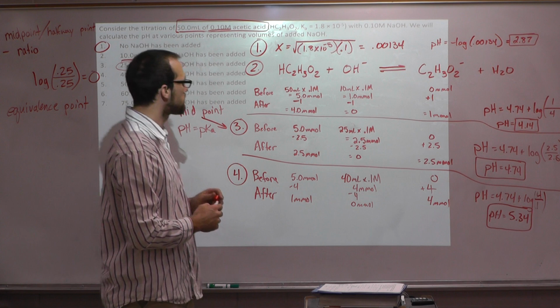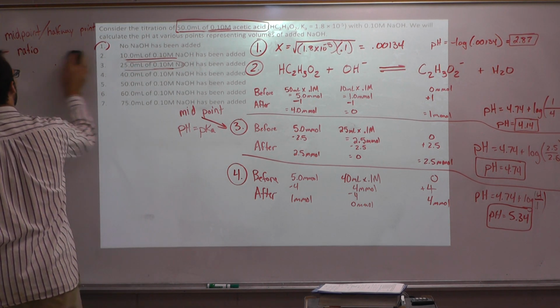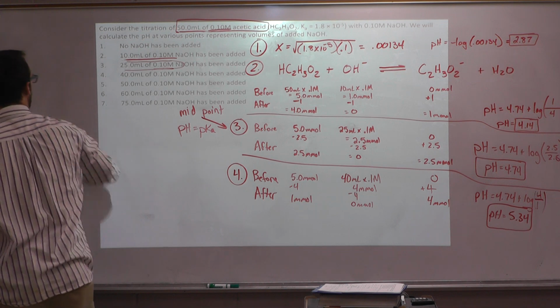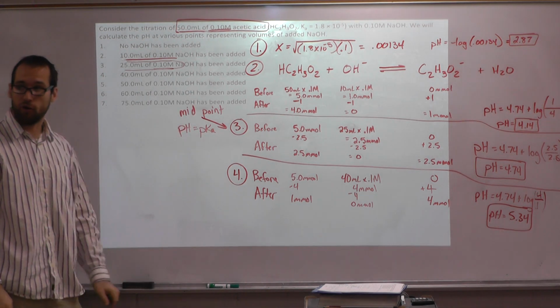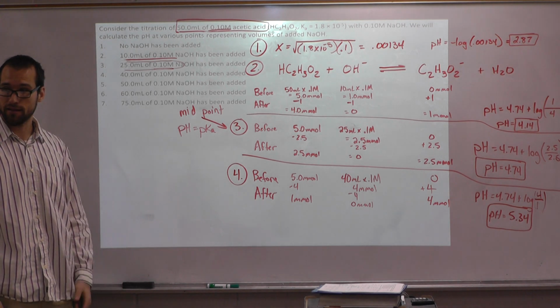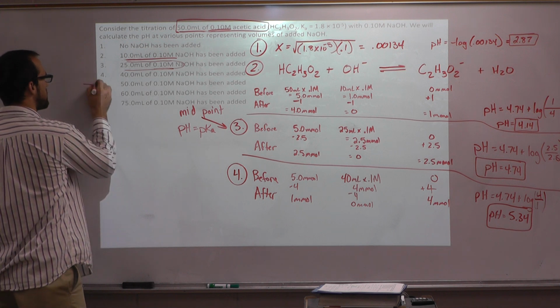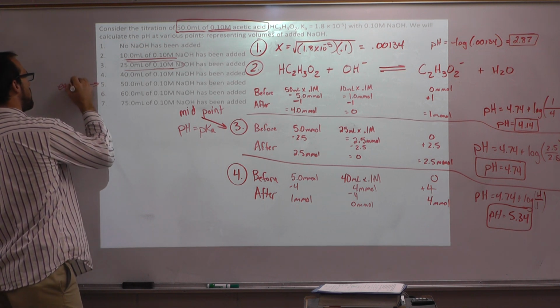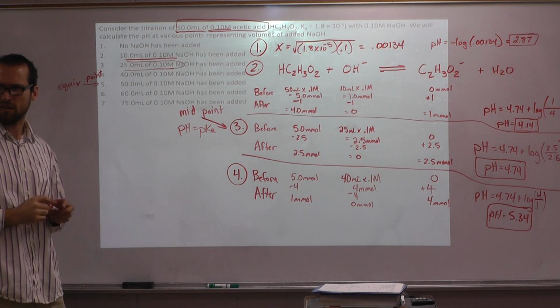All right. It's a lot so far. Now, notice how everything before the equivalence point, 2, 3, and 4, is done the exact same way. I'm going to tell you right now that 5 is the equivalence point. If you don't know the sequence, how do you figure it out?